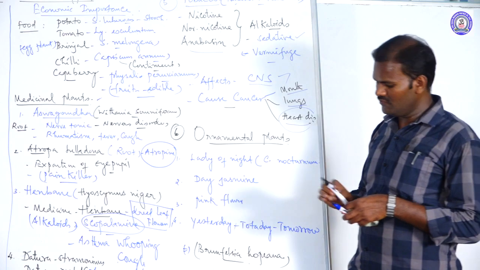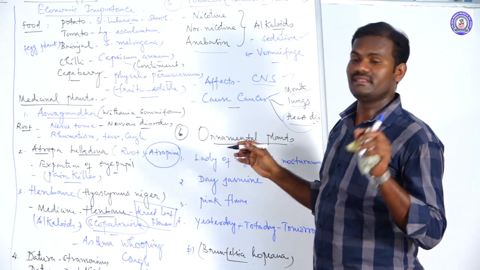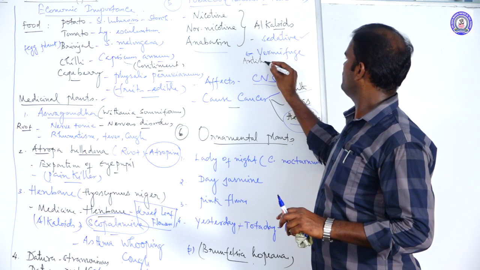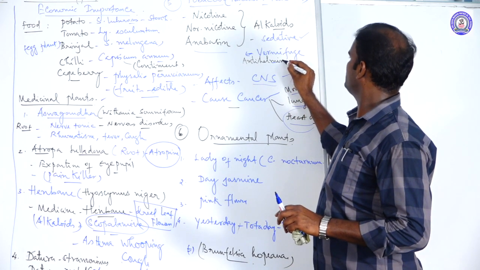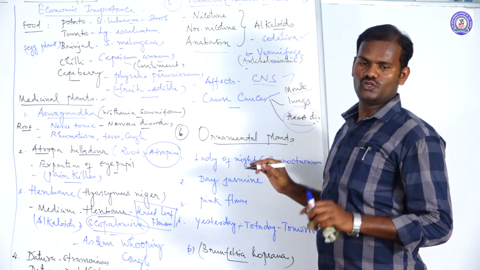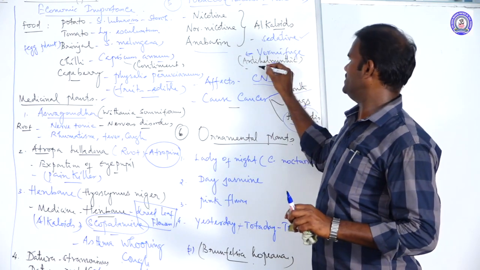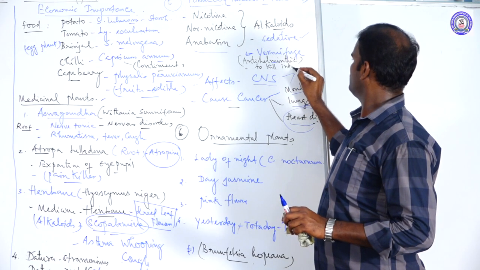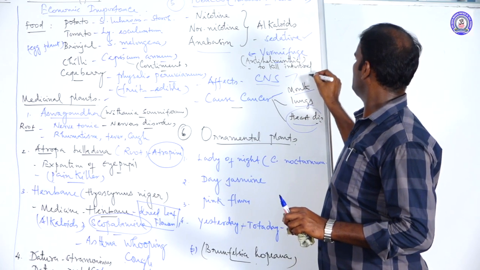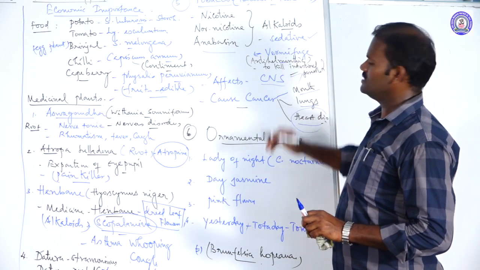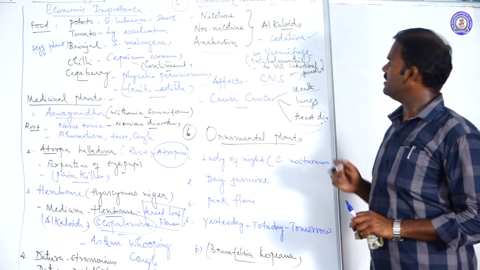Then what is called vermifuge? Anti-helminthic drug. Anti-helminthic in the sense to kill intestinal parasites. So of course it is used as a sedative drug and also as an anti-helminthic.